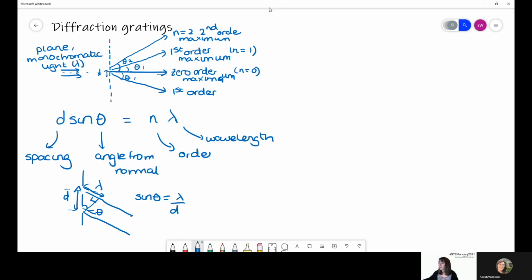So again, let's just consider some diffraction grating here, and I were viewing it, so this is little d, and then if I'm viewing it at an observation point big D away, then we can use trigonometry to work out, let's say this is theta 1, so this is my n is equal to 1 maxima.